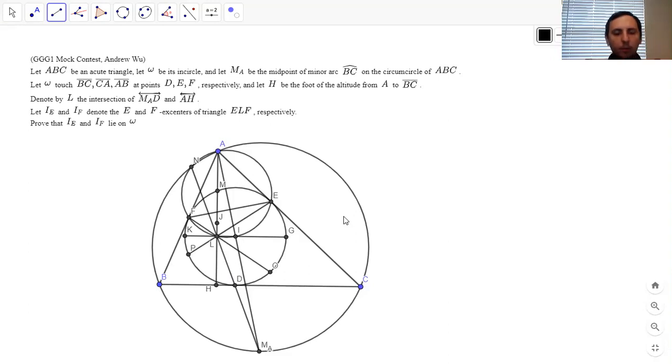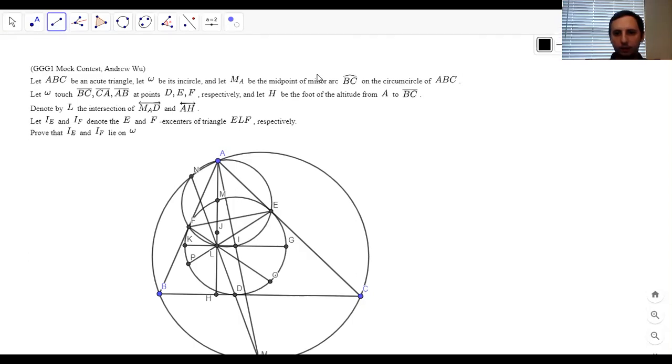perpendicular to EG. But I think it's simpler than that, because G is on the bisector of both. So LA, we can show it's the angle bisector of FLE, right? Because arc AF is arc AE.